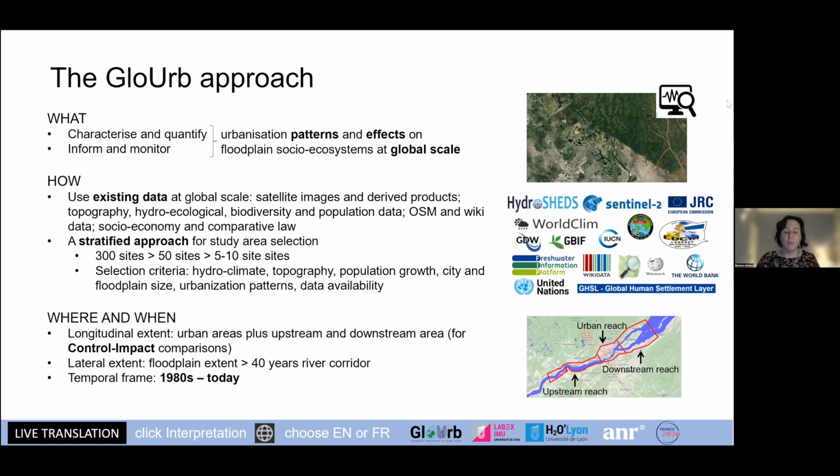So we'll look at some emblematic examples, and we will have a finer analysis of the total impact. In the zone of interest, where we did our study site, we look at the city, but of course we will do a comparison upstream and downstream of the impact of the city on the rivers and on the floodplains, and the time slot will be 40 years, simply because this is the window which shows the intensification of urban growth at the global level.